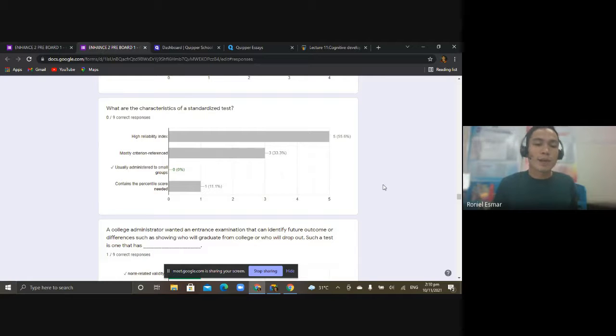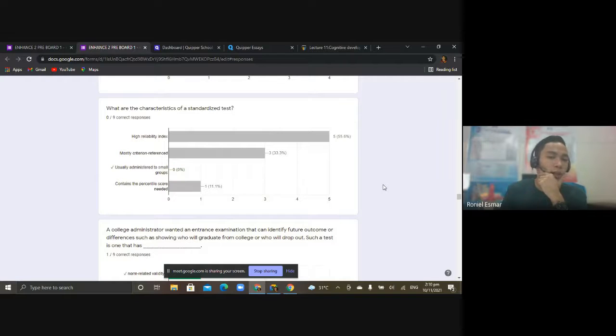They decide whether to discard an item because perhaps it's too easy or too difficult.